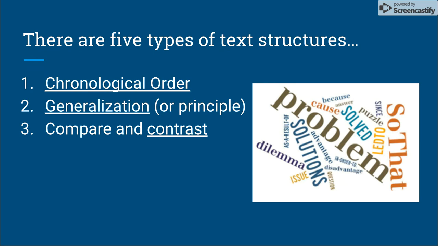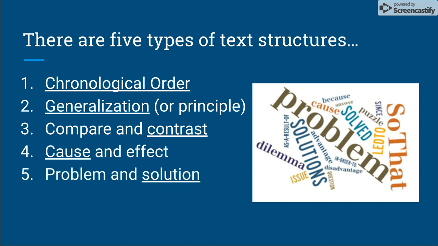Compare and contrast, which I'm sure you guys have heard of. Cause and effect. And then problem and solution. So these are the 5 types of text structures that we're going to talk about today. And they're the 5 types of text structures that authors use to build their texts, specifically nonfiction texts.